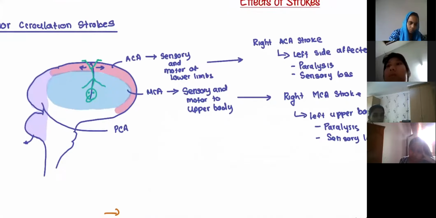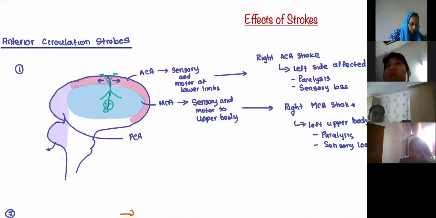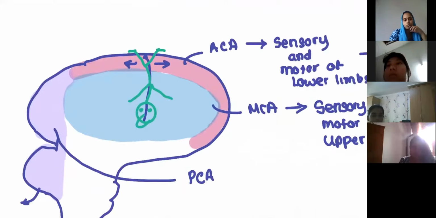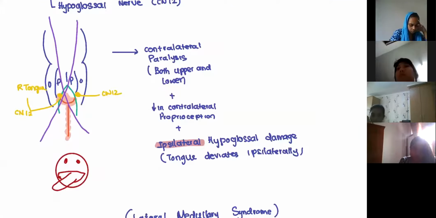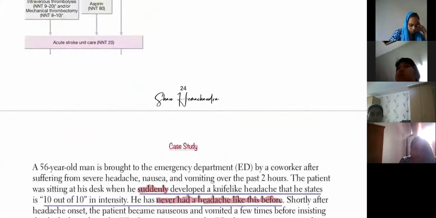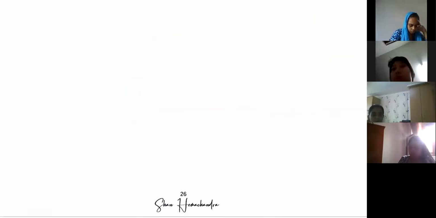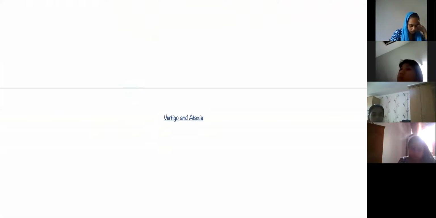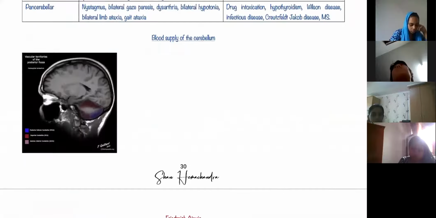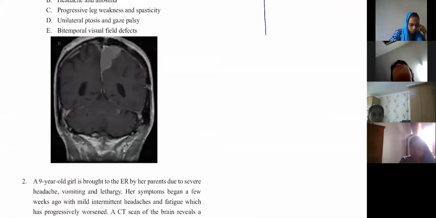I talked about stroke in the anterior cerebral region and how the body is going to be affected. Okay, let me go back to this and I'll explain. So in this case, it is a tumor, but it's the same concept.